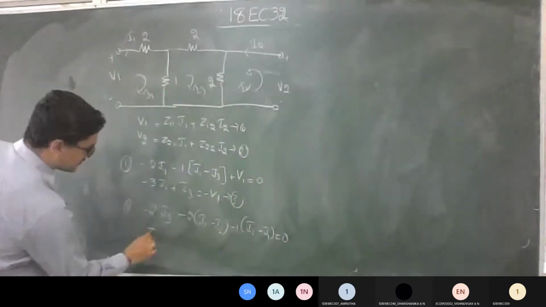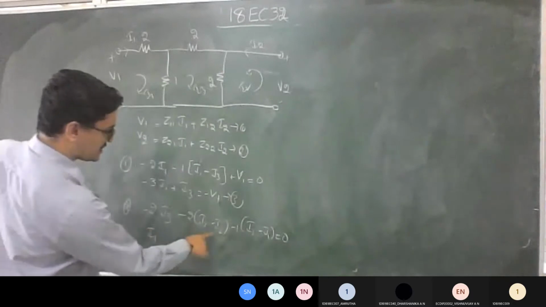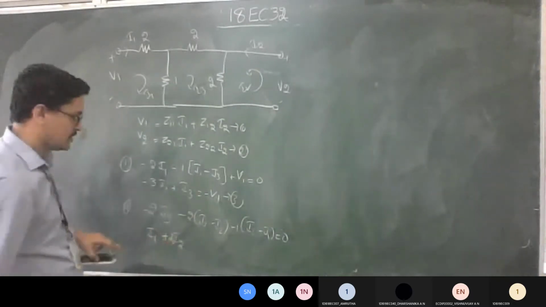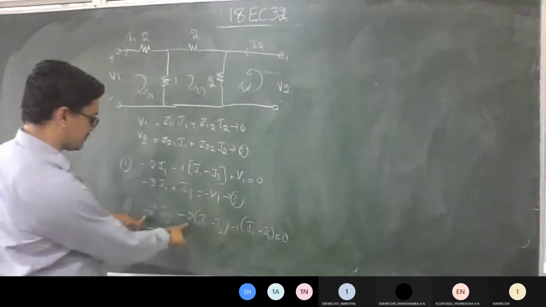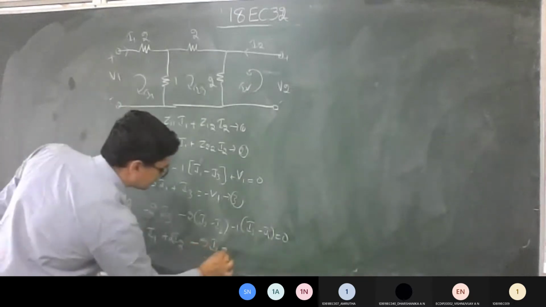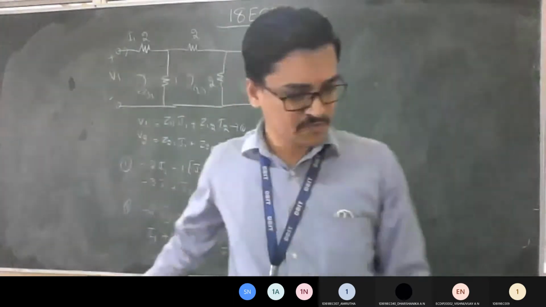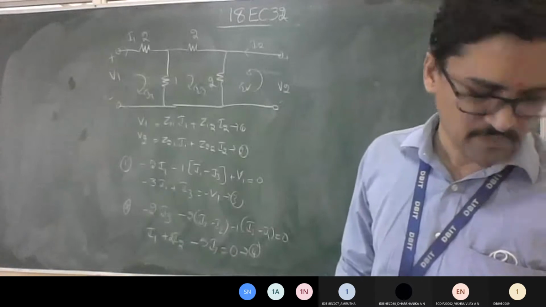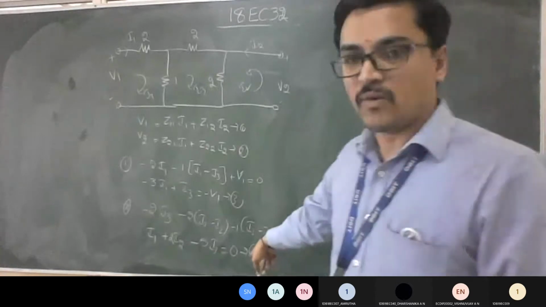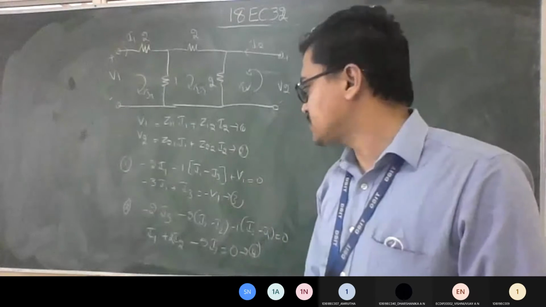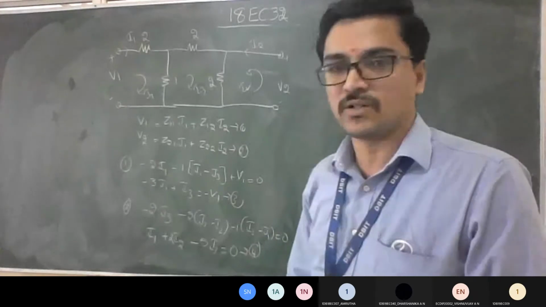You're going to get I1 plus 2 I2 minus 5 I3 equal to 0. This is equation number 4. Is it correct what I wrote? Just check. So we get I1 plus 2 I2 minus 5 I3 equal to 0.